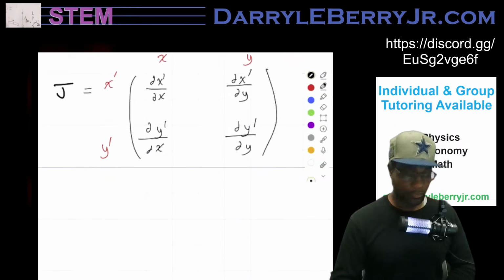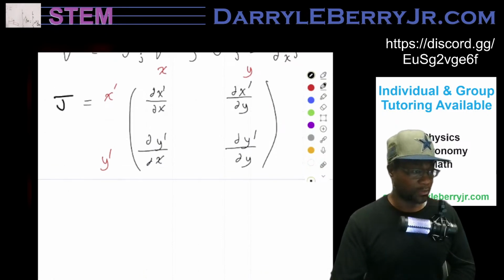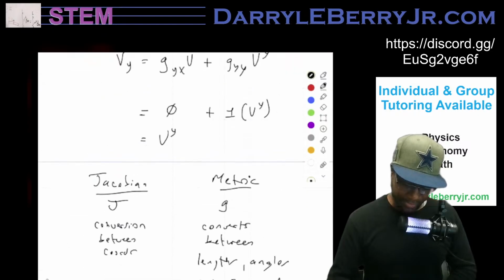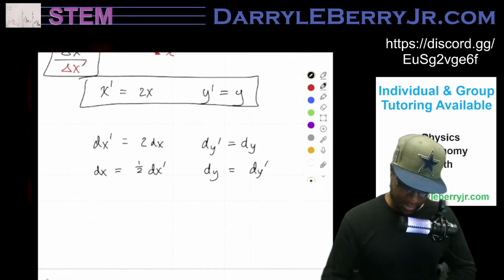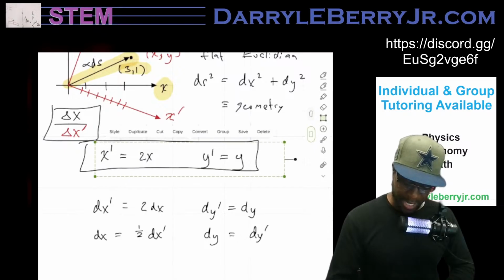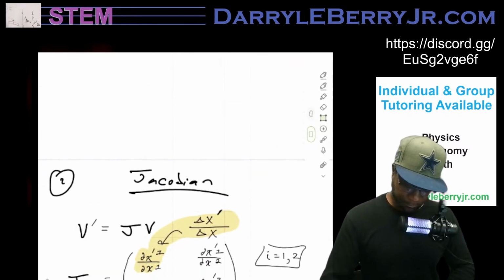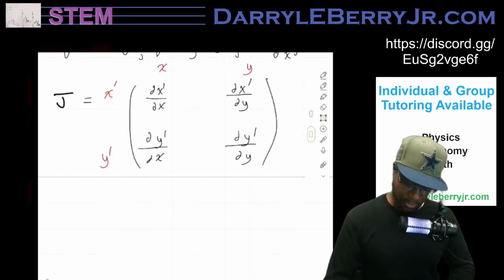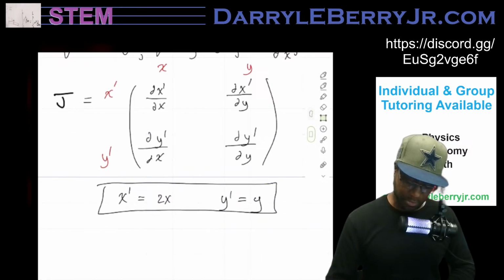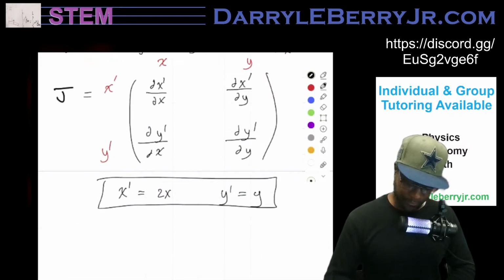So now let's look at what we did before, right? Before we decided that our change metric is this. So let's bring this down. We're going to see how this works a little bit. This was my x prime. This was my y prime.